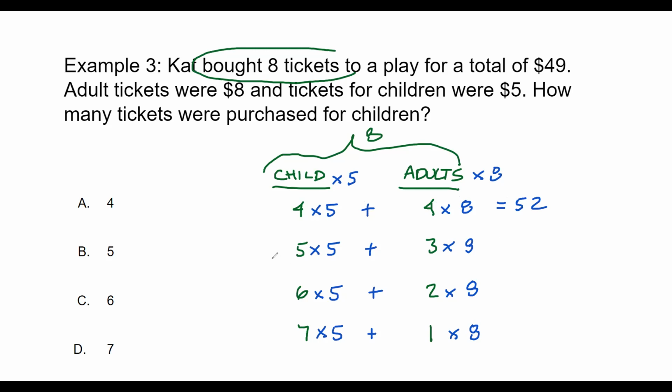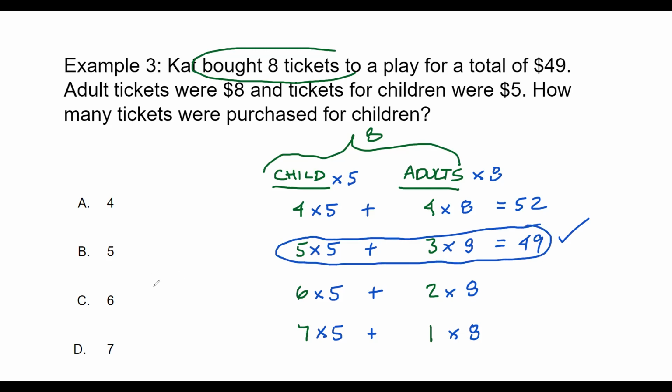Close, but not quite. 5 times 5 is 25, plus 3 times 8 is 24. That is $49. And we just found our answer. We could do the other two if we just wanted to double check that we didn't make a mistake here, but we can feel comfortable that the answer must be 5 children's tickets.